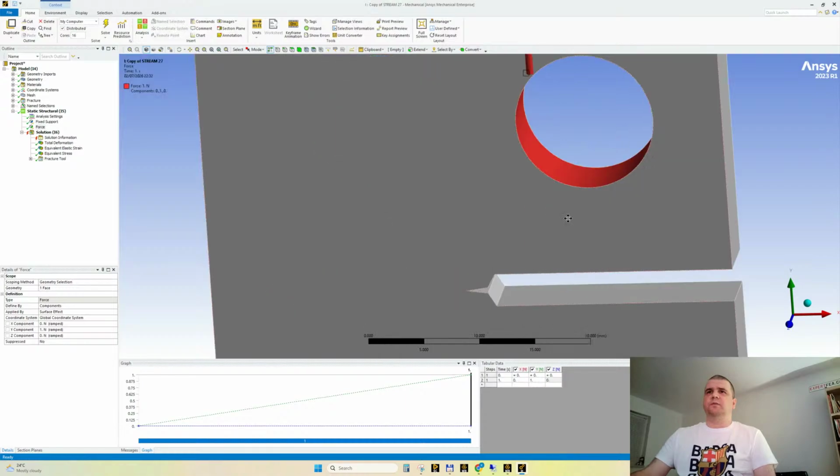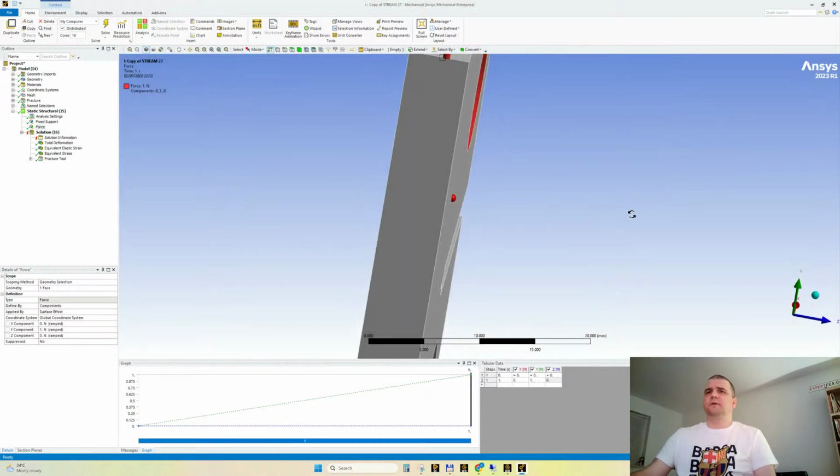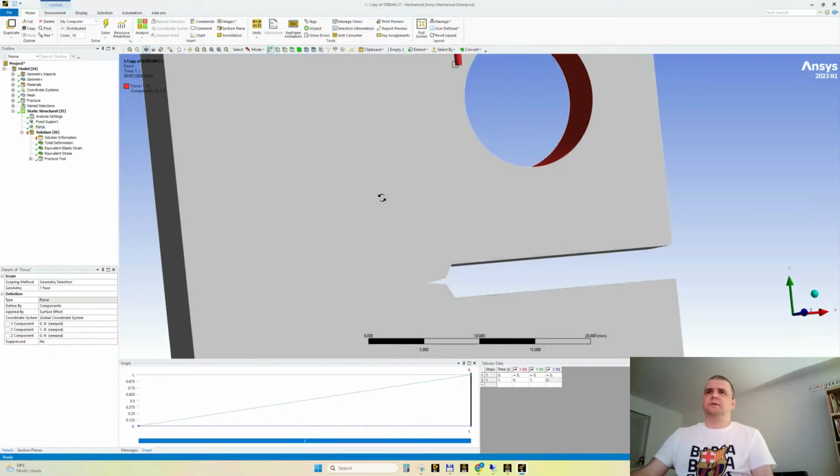So we need to perforate something like 20 over 5. 20 multiplied with 5 is 100.